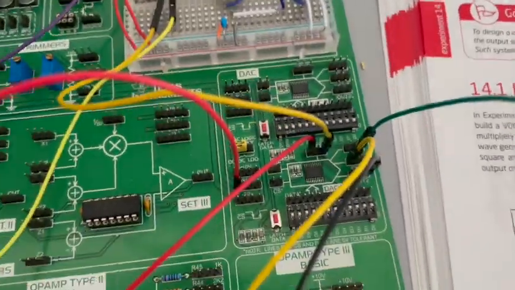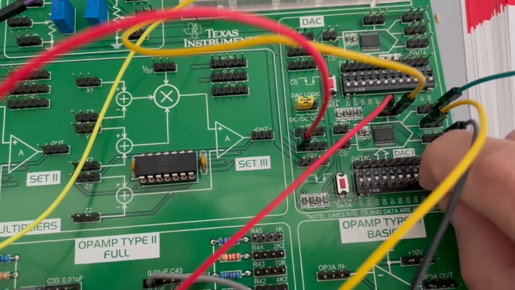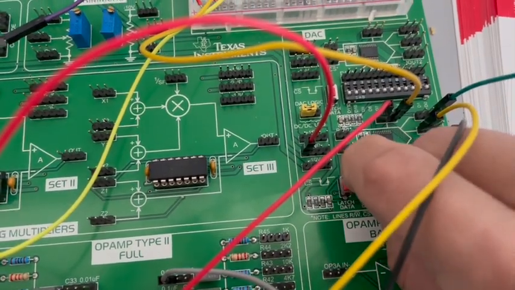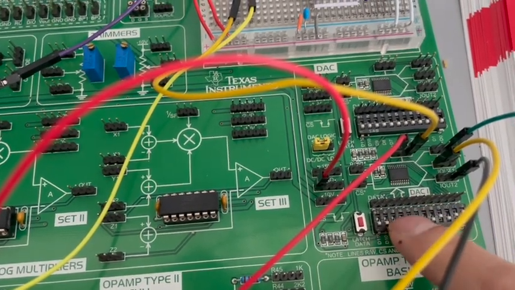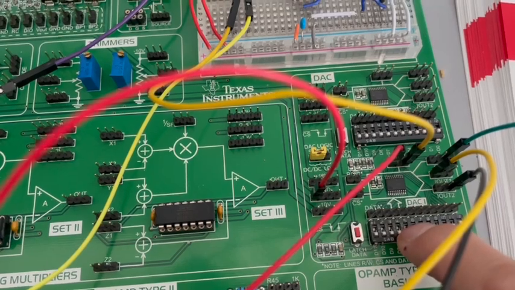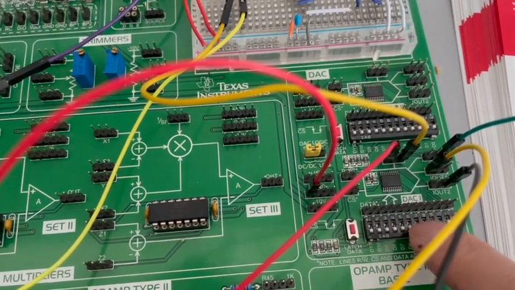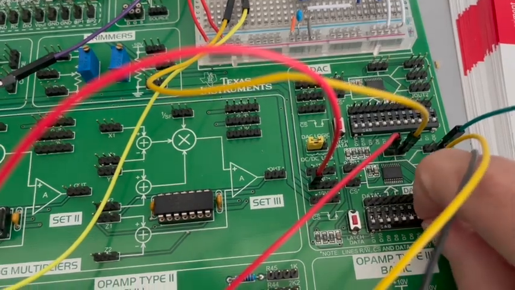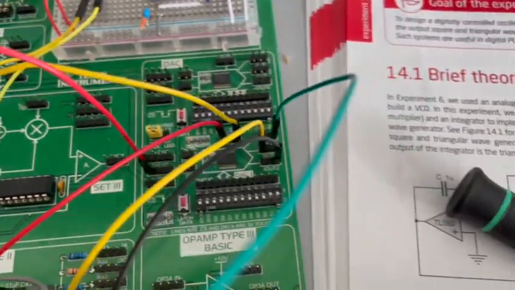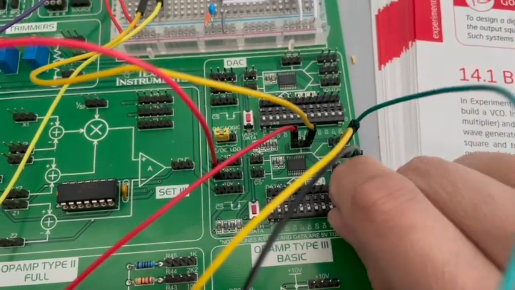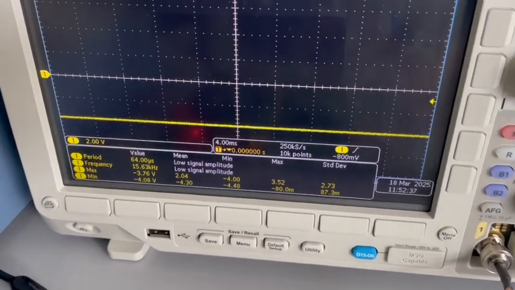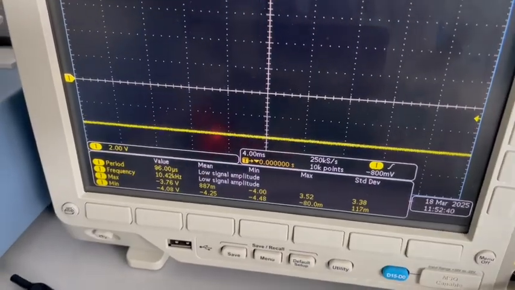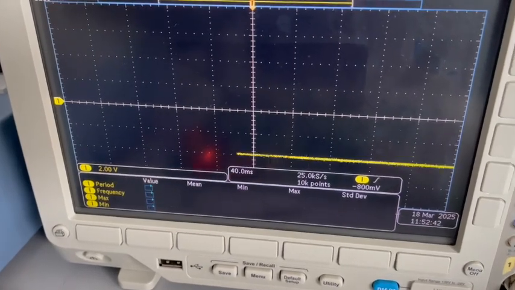But if we switch everything to 0, let me switch everything to 0 and make sure everything goes all the way down. Sometimes it gets stuck in between, so be careful. Yes, now it's the lowest frequency, so we can't even see it. It's just horizontal.